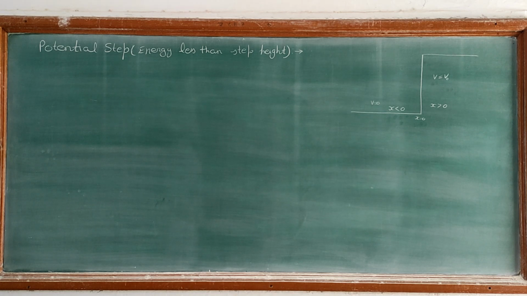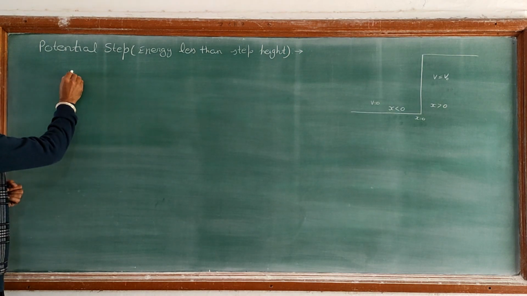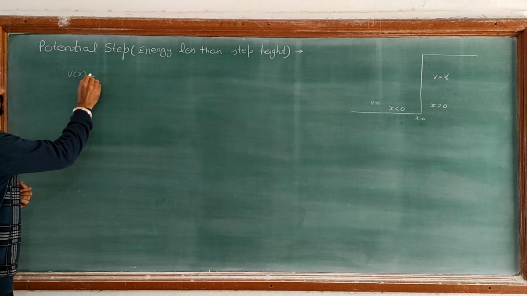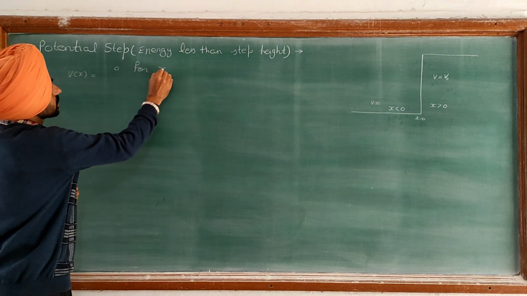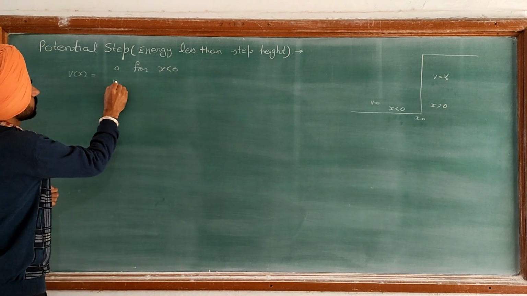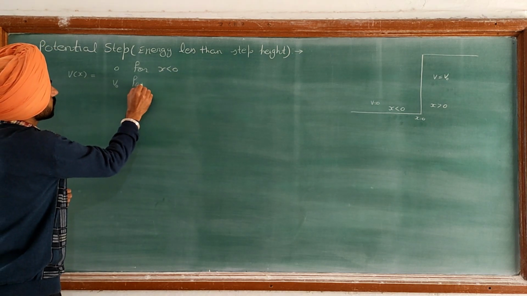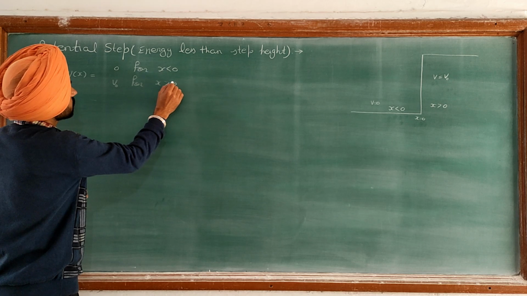So we have considered a single potential. At x equal to 0 the force acting on the particle is represented by V naught, and V naught is called the height of the potential barrier. We can define this potential V of x, because it is a function of x, as equal to 0 for x less than 0 and V naught for x greater than 0.